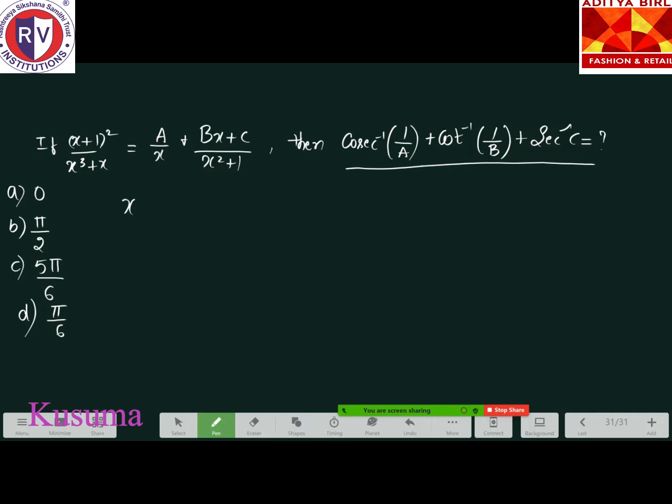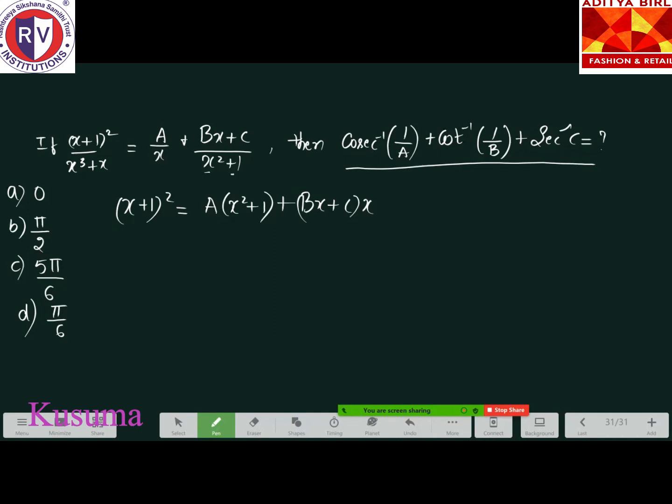Okay. So this is (x plus 1) whole square divided by x cube plus x. So when we simplify the RHS, this will be a into (x square plus 1) plus (bx plus c) into x. So here the denominator x into (x square plus 1), that is x cube plus x, and here x cube plus x in the LHS will get cancelled with each other. Okay.